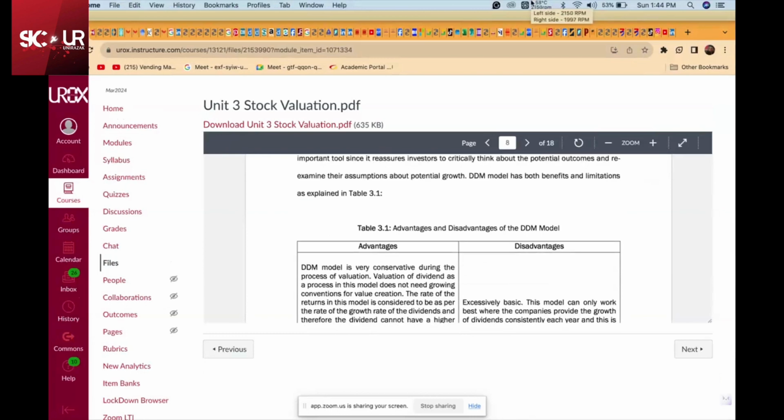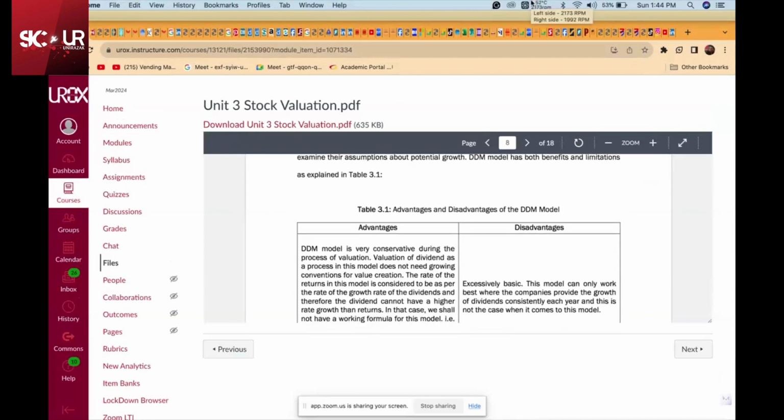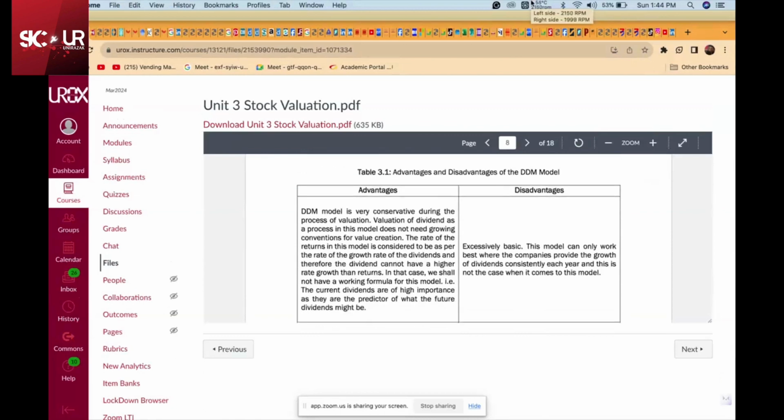So, the advantage of the dividend discount model is that it is very convenient during the process of valuation, where valuation of dividends as a process in this model does not need growing convention or value creation. So we just make a guesstimate on the dividend growth rate.